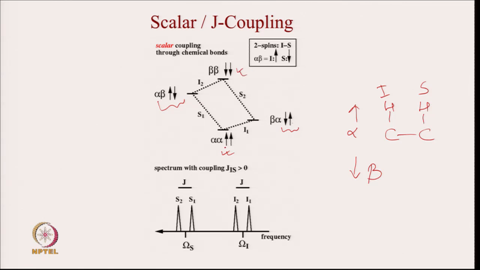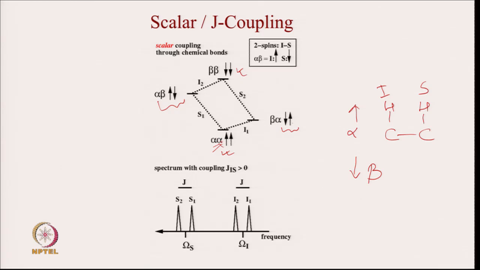In this, the spin of both I and S is up. In this, the spin of I is up, the spin of S is down, so the spin of I is given by alpha, the spin of S is given by beta. In this, the spin of I is down and the spin of S is up, and so beta alpha. So, these are the 4 different states, and if the transition happens from alpha alpha to alpha beta, it means S is changing sign.